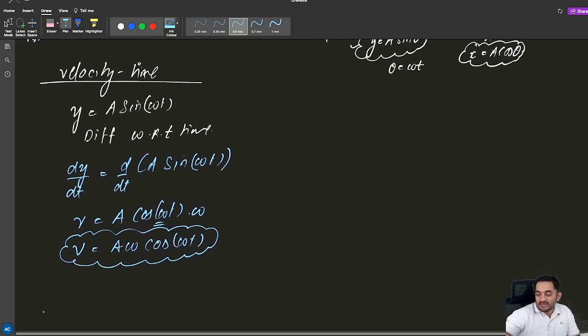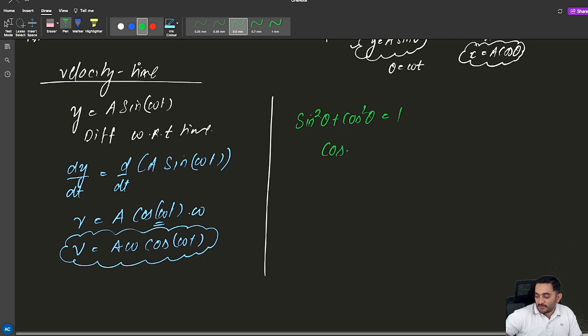Got it? Sometimes we also prefer to write it in a different way. If you use the identity sine square theta plus cos square theta is equal to 1, you can replace cos theta with the square root of 1 minus sine square theta.